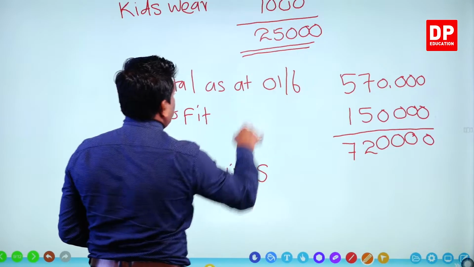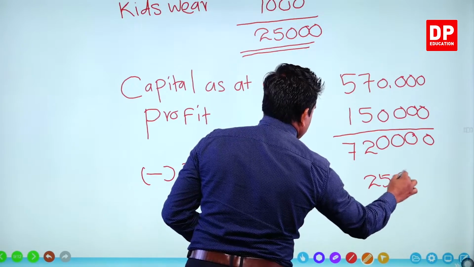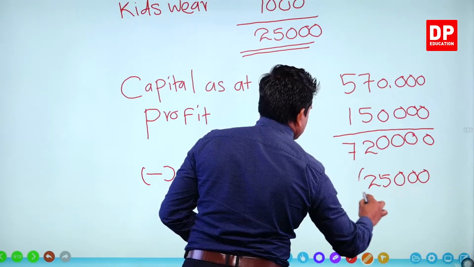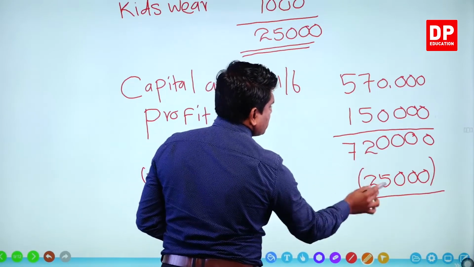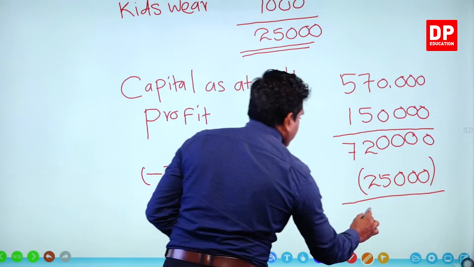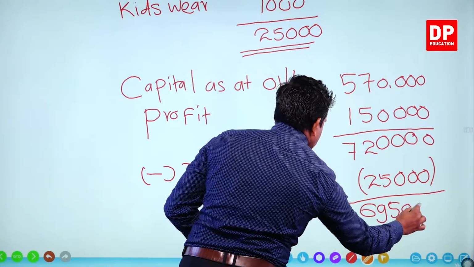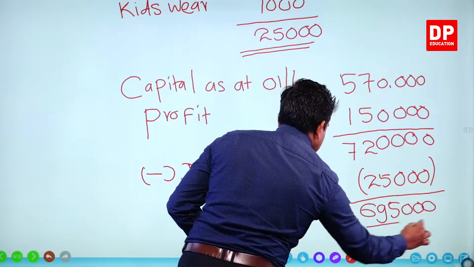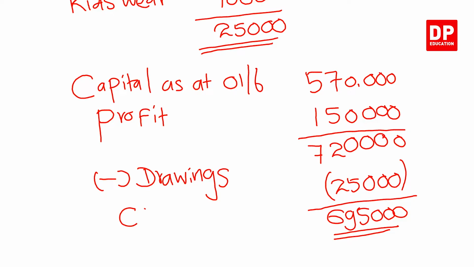How much? 25,000. What do we do now? Here you subtract. Then 720 minus 25 is 695. 695,000 is the capital as at 30th of June.